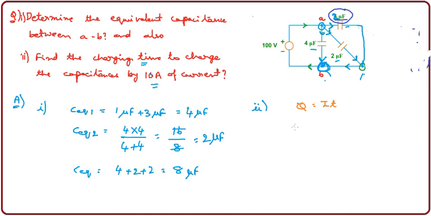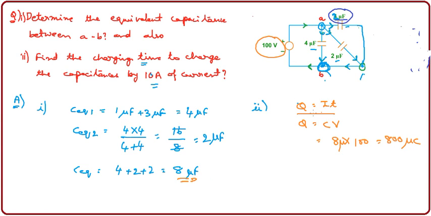So how do we find Q now? We have another formula, Q is equal to C into V. The capacitance is 8 and the voltage given here is 100, which is equal to 800. Since it is in microfarad, it should be 800 microcoulomb.